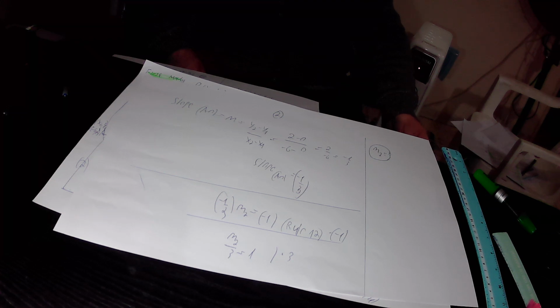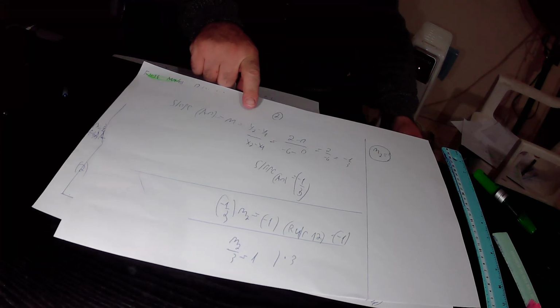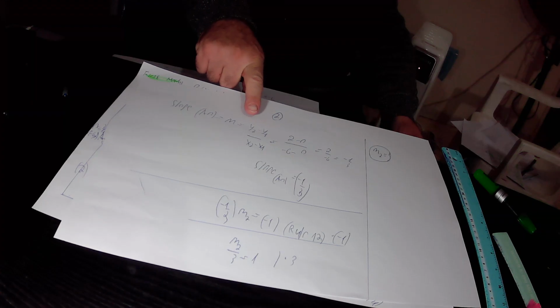The slope of a straight line measures its steepness and direction. And we calculate the value of the slope according to the following formula: m equals y2 minus y1 over x2 minus x1.